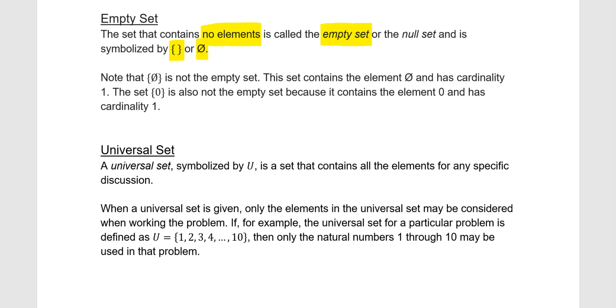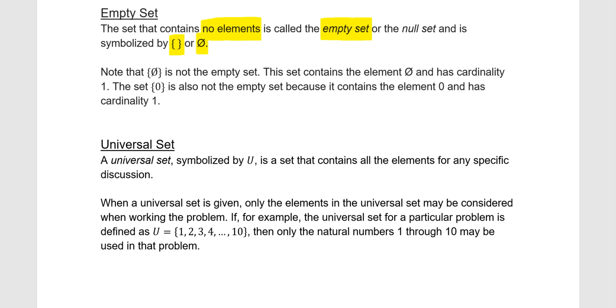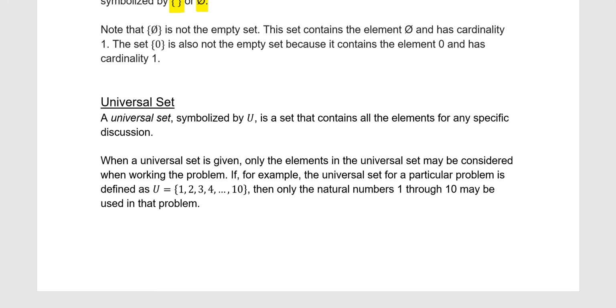Similarly, the set {0}, where we have a 0 in a set, is not the empty set either because it contains the element 0, and that is one element, so that means cardinality of 1. So neither of these are the empty set. They look similar to what could possibly be the empty set, but they do not represent the empty set. So let's just make sure that we have the symbols for the empty set straight.